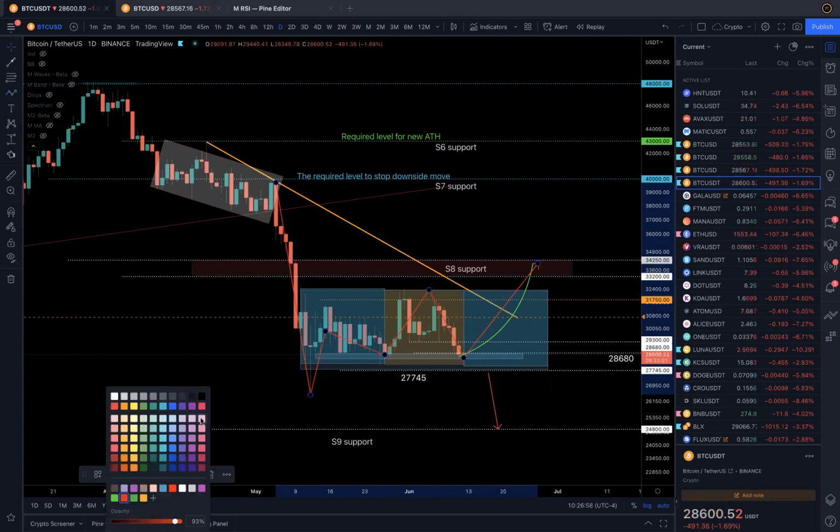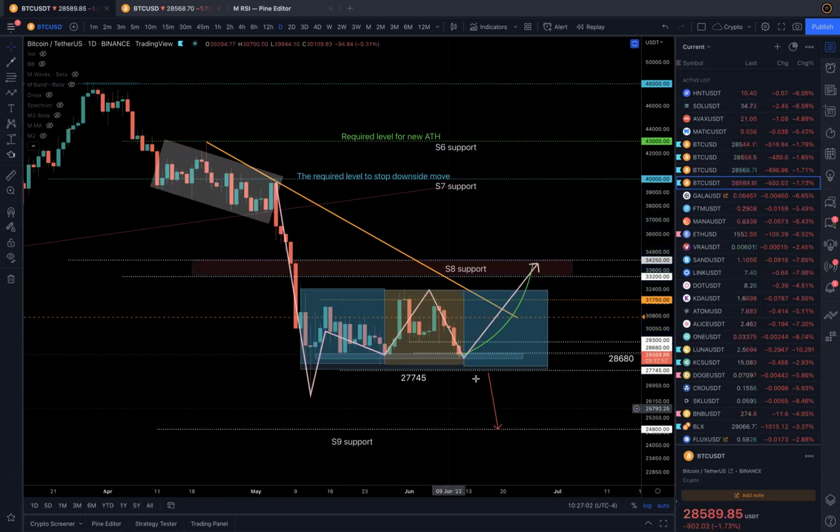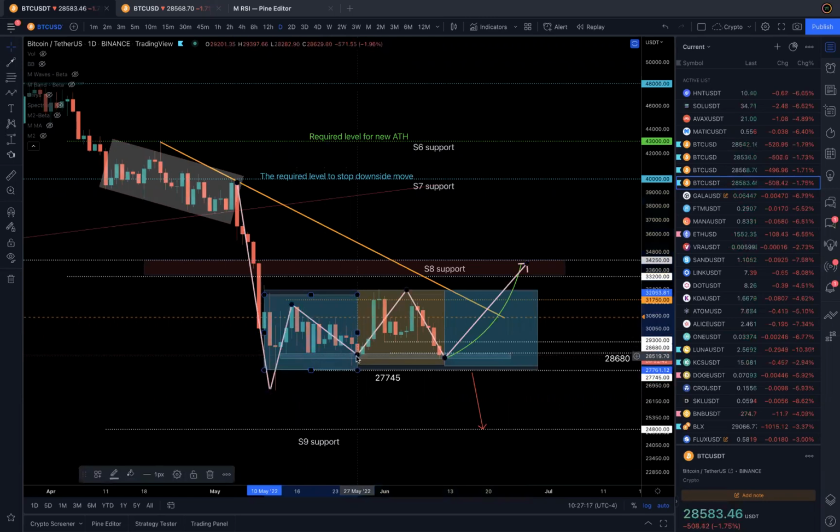I should take some different color, a thicker one. Okay, I hope this is clear.